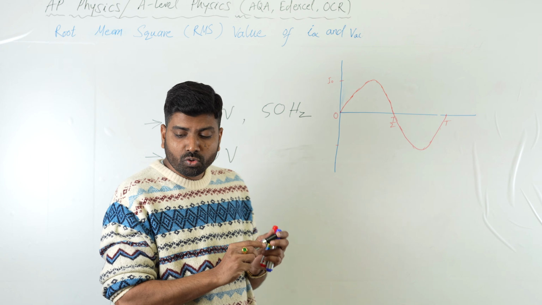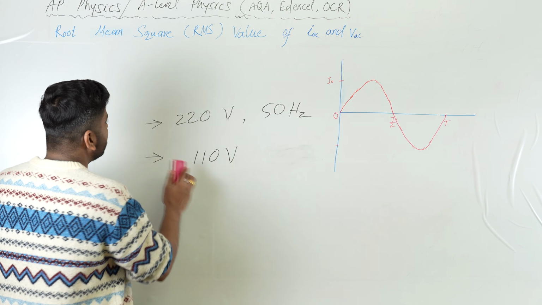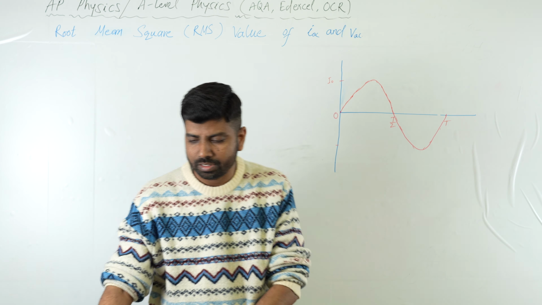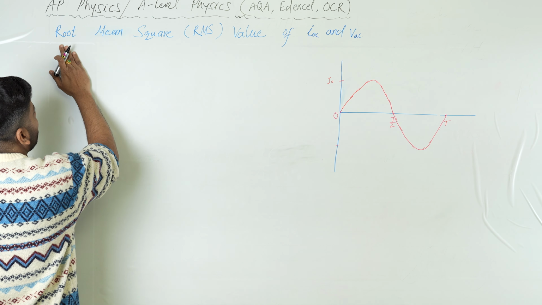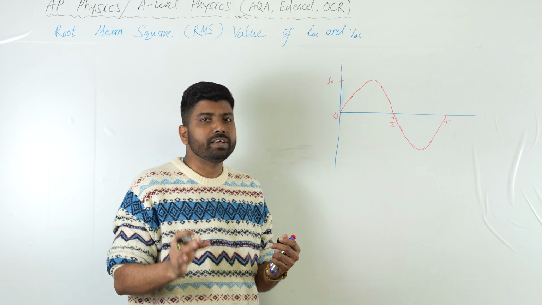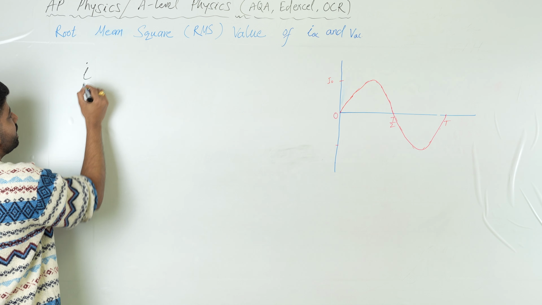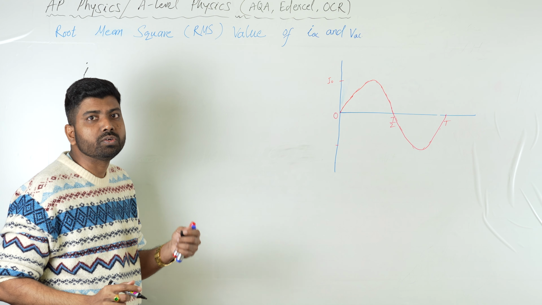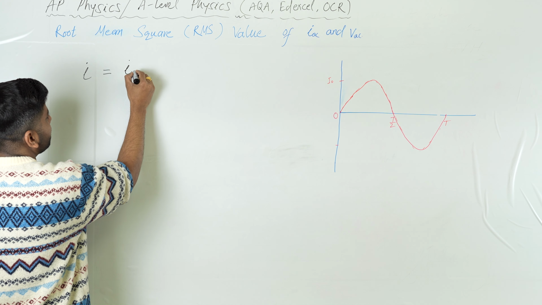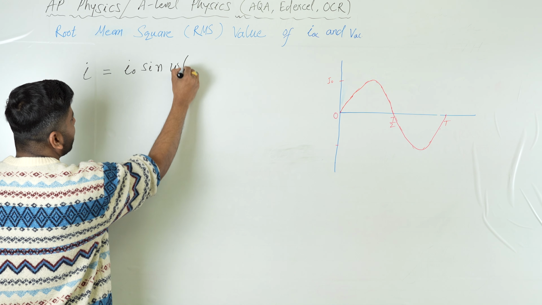Now I'm going to show you how to find the RMS value, the root mean square, in alternating current. Before the calculation, I want to tell you about root mean square. If the current is alternating and sinusoidal in nature, then the current at any instant we write as I0 sine omega t.